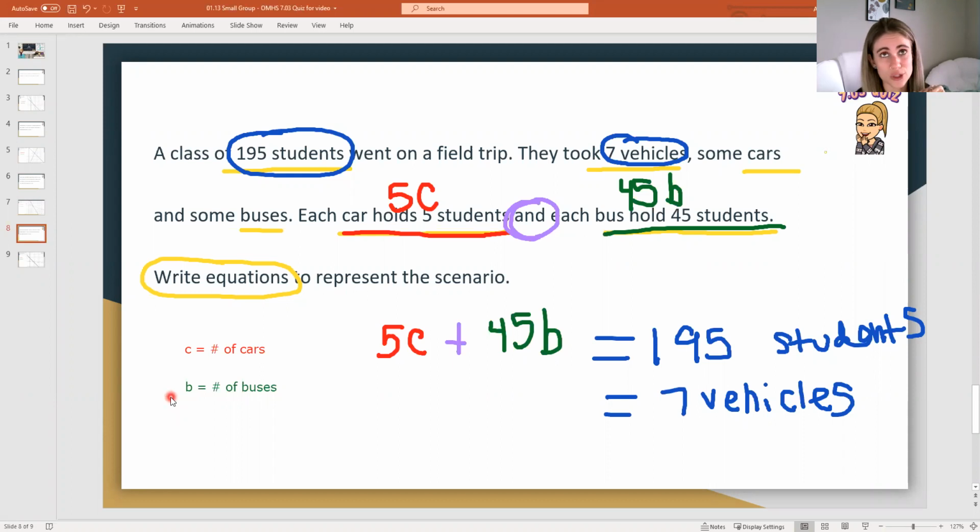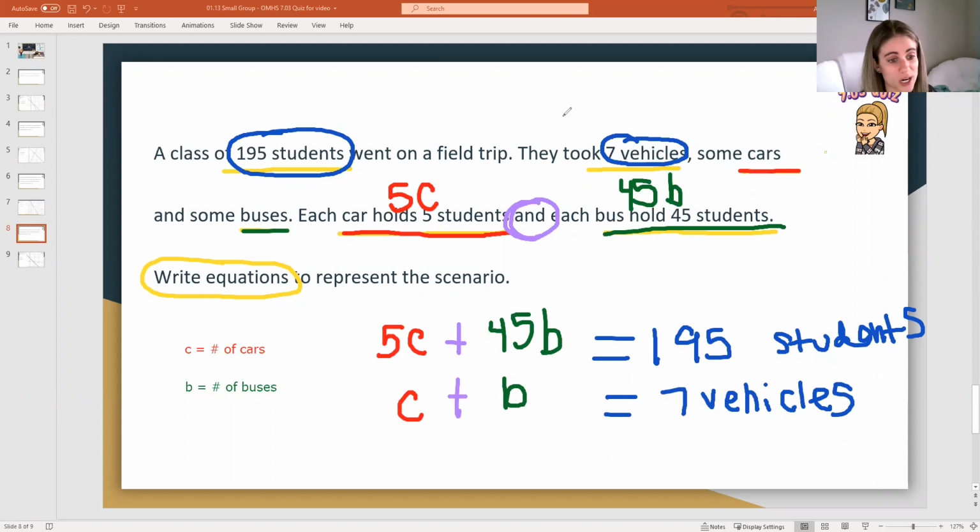So this, very similar to that very first example we did, is just going to be the number of cars plus the number of buses. And I don't need any coefficients, any numbers with it. So the number of cars plus the number of buses is a total of 7 vehicles. And that would be it. Those would be our 2 equations.